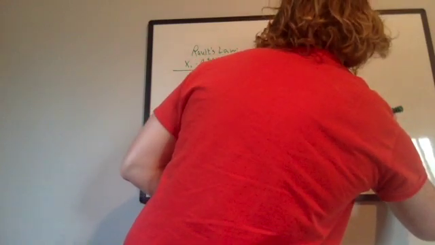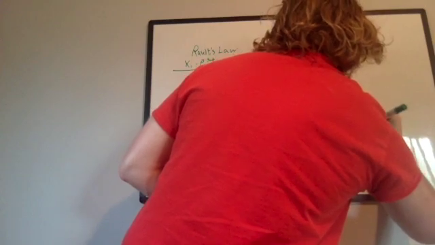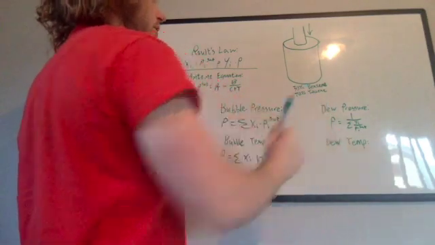So P is going to be equal to 1 over the sum of yi over pi set. And there we have it. That is going to be our equation for the dew pressure.